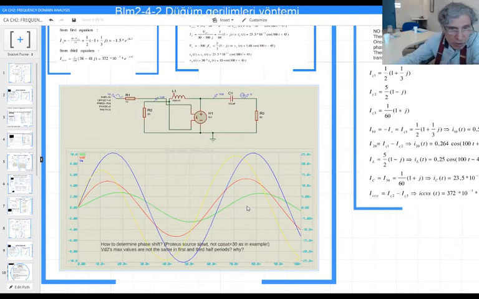So in general, this blue one here is the independent voltage source, 10 volts here and minus 10 volts here. And this is one period of this independent voltage source. So how are you going to check the angular frequency, which is radians per second? In Proteus, you are given the frequency F, not the angular frequency, the normal frequency.